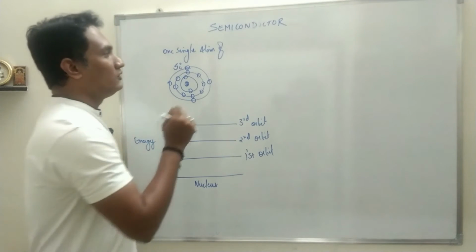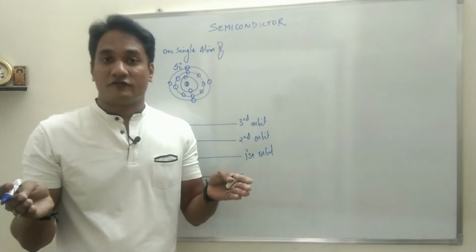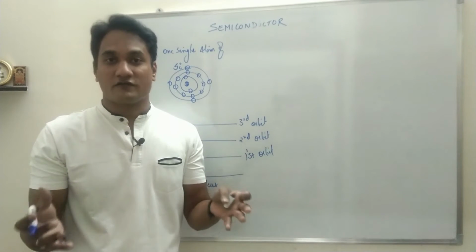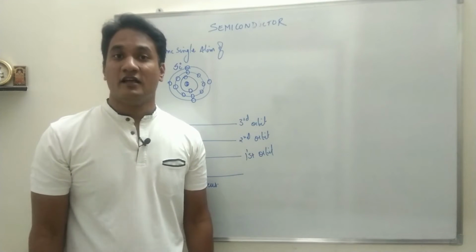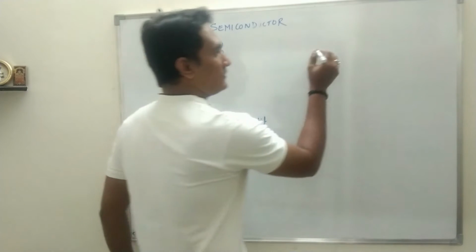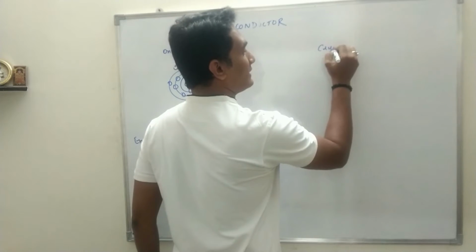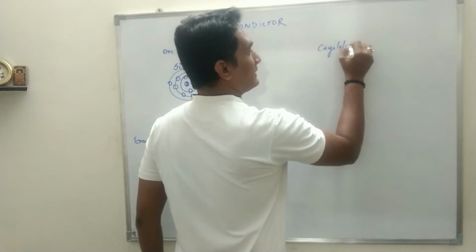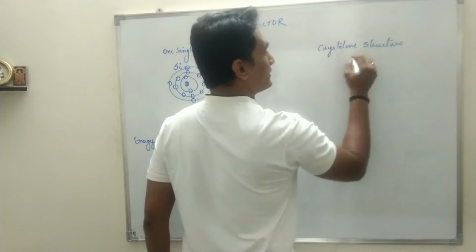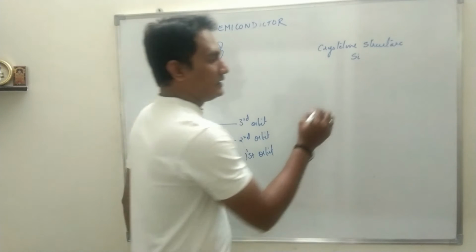Now let us suppose a large amount of silicon atoms are brought together. When a large amount of silicon atoms are brought together, they form a crystalline structure. Let us try to understand what the crystalline structure of silicon is.